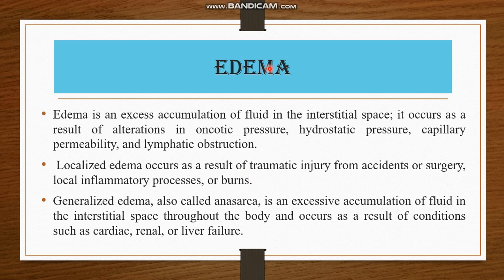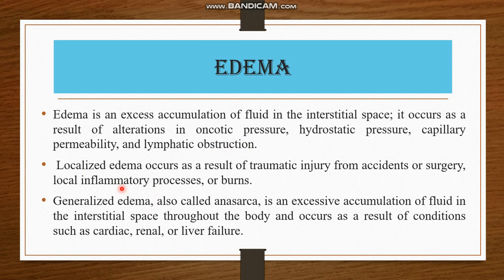Edema. What is meant by edema? Edema is the excess accumulation of fluid in the interstitial space. It occurs as a result of alterations in the oncotic pressure, hydrostatic pressure, capillary permeability, and lymphatic obstruction. Any variation in the pressures can cause edema, and with lymphatic obstruction fluid retention will occur. There are two types of edema, localized edema and generalized edema.